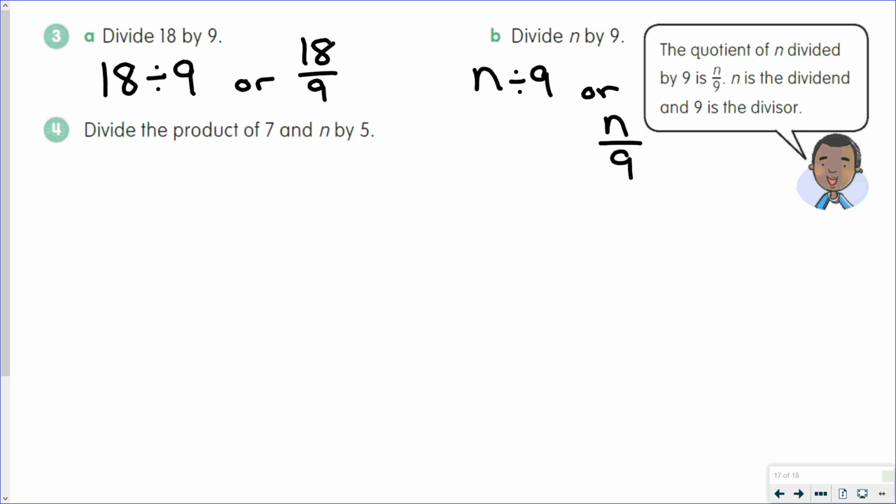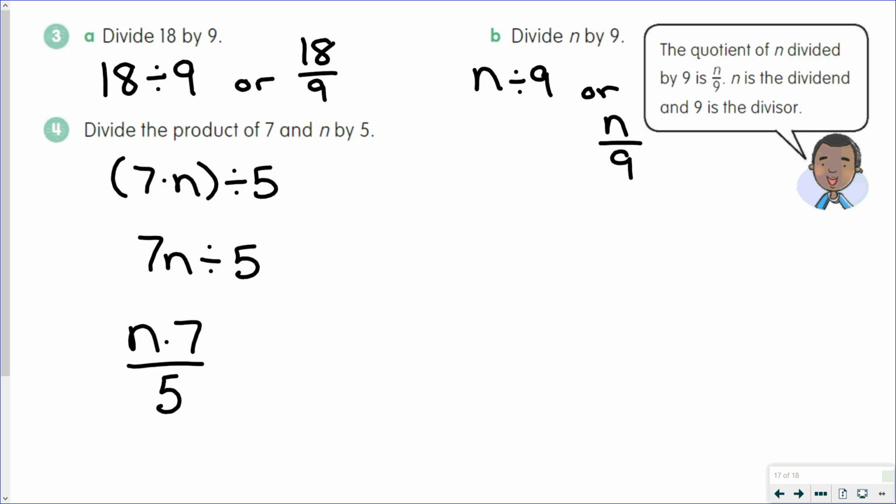Well, product tells us to multiply, so one way we could write this is this way. We could also write it this way. We could also write it this way, and other forms of that as well. So there's lots of ways to write this one.